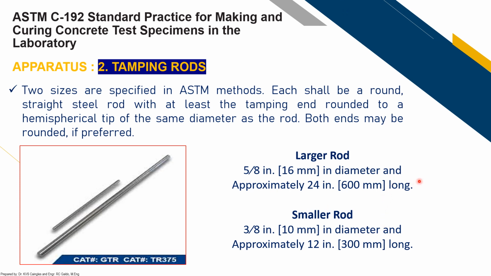Either we can use ani sa ilahang duha, basta lang nakasulod siya sa specific nga mga dimension niya: 16 mm diameter and 10 mm diameter, and the length is 600 mm and 300 mm. So kailangan pag magamit ka og rod dapat either lang aning duha. Based na siya sa ASTM as well.